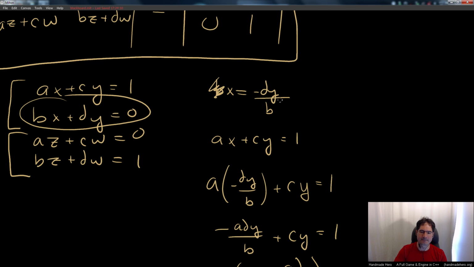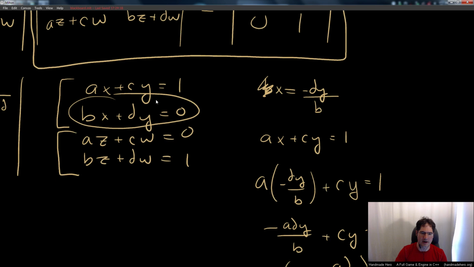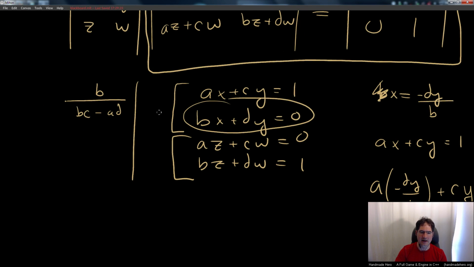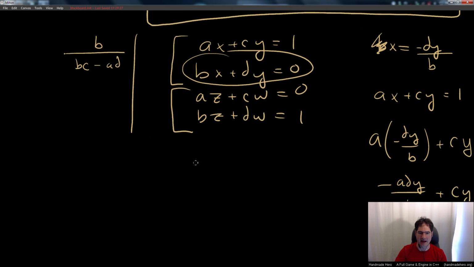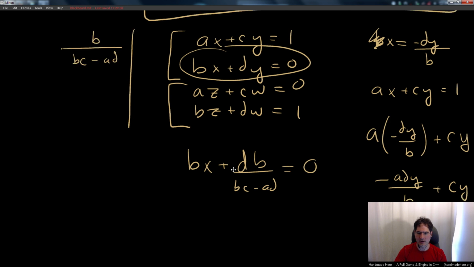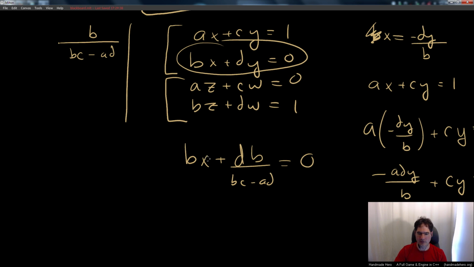So anyway, we still have this equation here, bx plus dy. We can plug in our equation for y to solve for x now, because we do know that bx plus d times this, which would be db over bc minus ad, is going to equal 0, and that's all in terms of x as well.